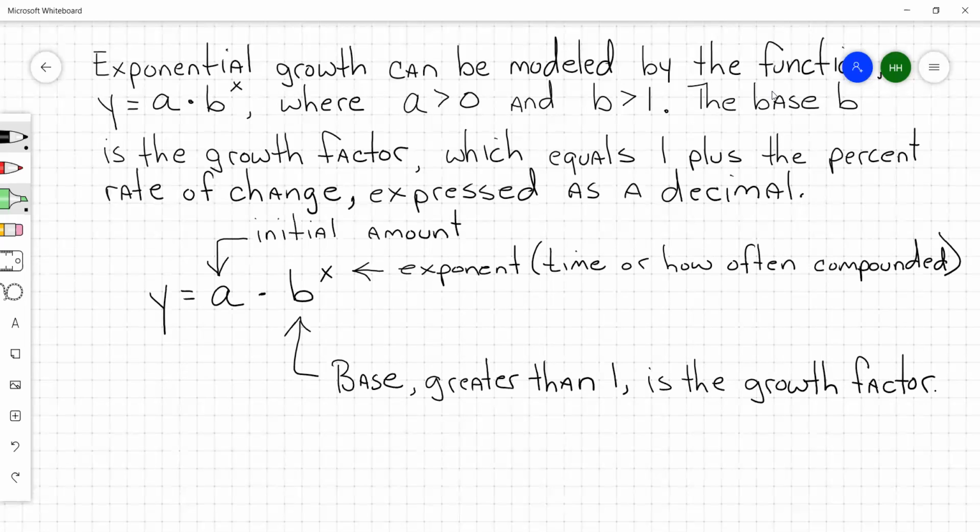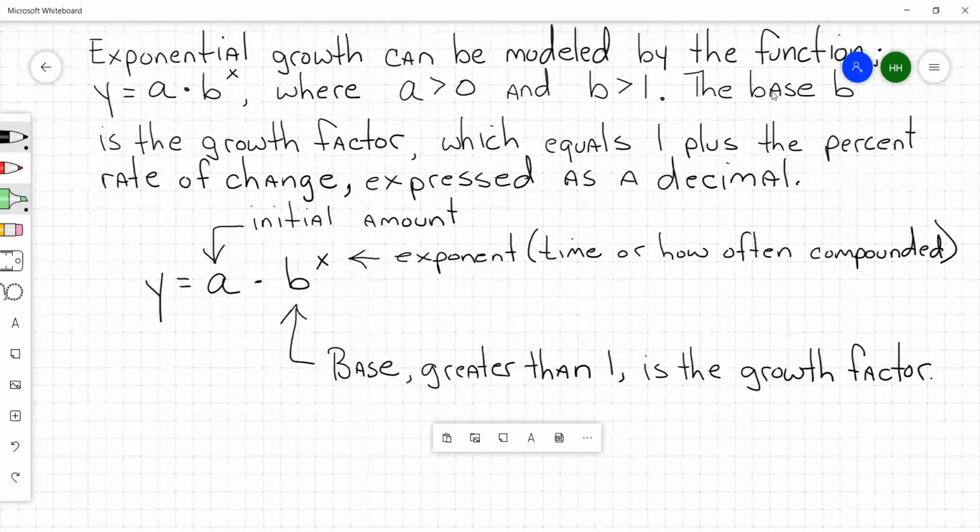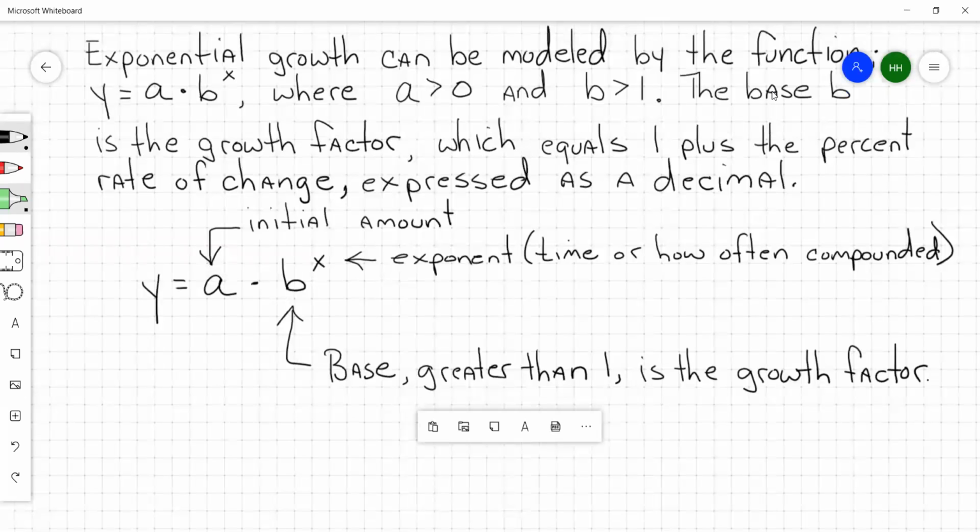All right, so let's put this to use a little bit here. What you're doing with this formula is evaluating how much money or income or sales dollars could be generated over an amount of time, based on being paid interest or your money growing at a certain rate.